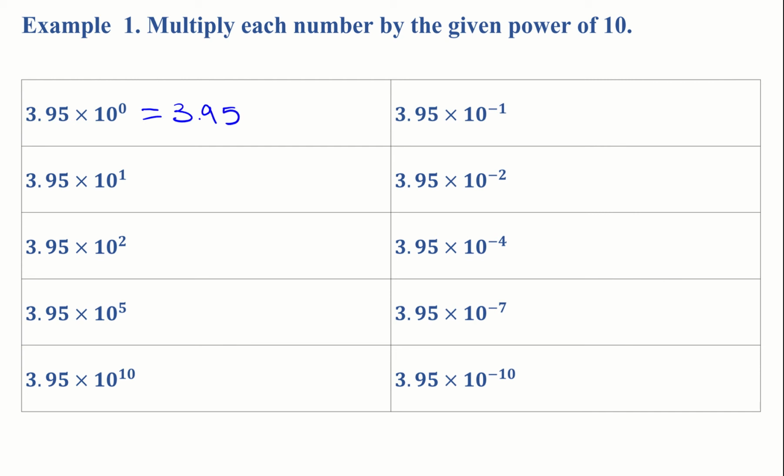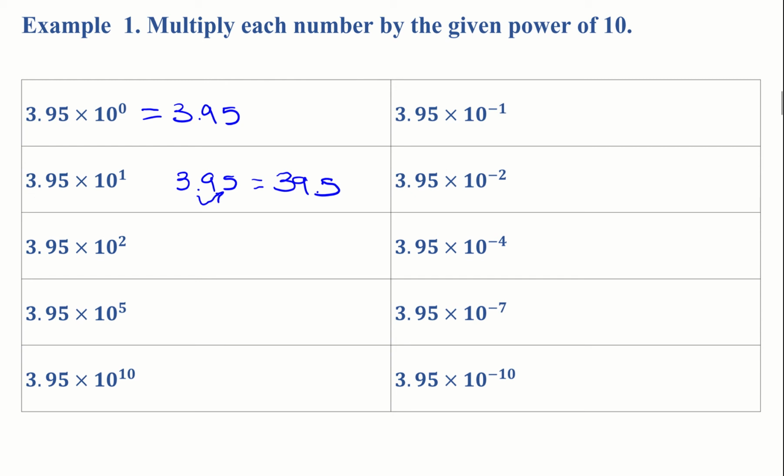You just get 3.95. Now, when you multiply 3.95 times 10 to the 1, that's going to take the 3.95 and move its decimal 1 place to the right. So you end up with 39.5.